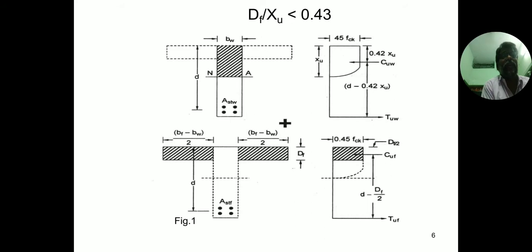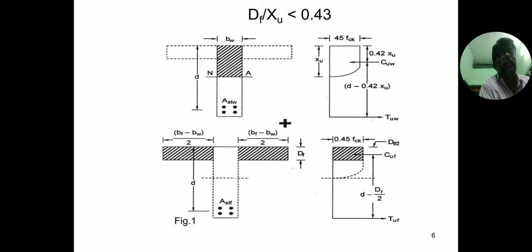0.45 fck. Compressive force, CUW means compressive force for the web. That is CG, 0.42 xu, lever arm d minus 0.42 xu, and neutral axis xu. And this is in the flange, bf minus bw, stress block 0.45 fck.